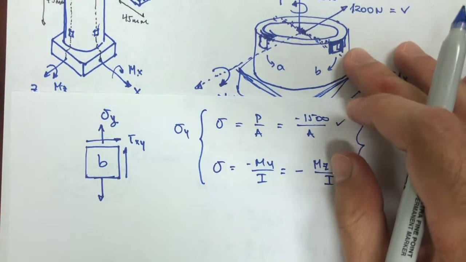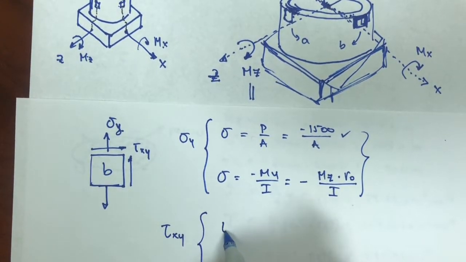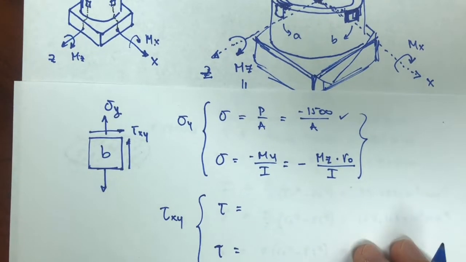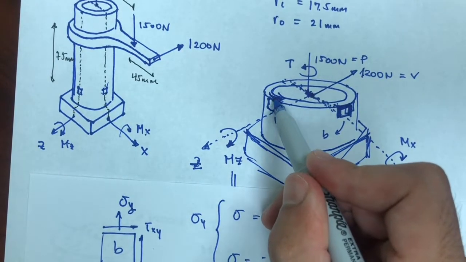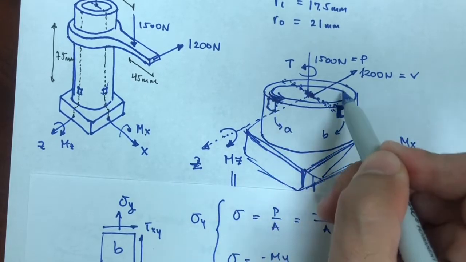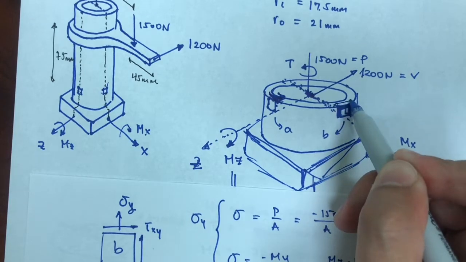And then just to finish, the tau xy would either be due to torsion, or shearing, or both. So torsion, it's the exact same situation as in A. The torque is rotating this upper disk in this direction, so I see a vector here, and I also see it here.